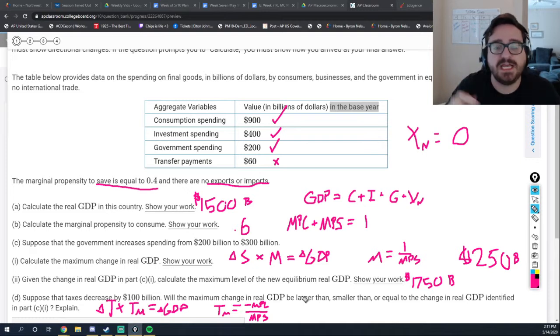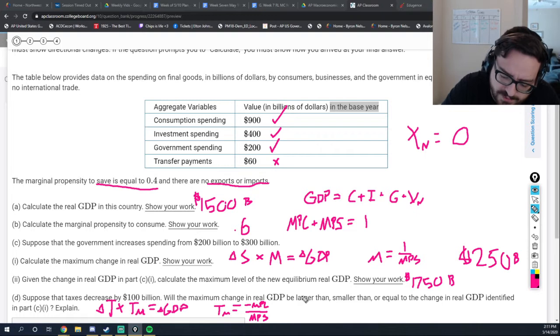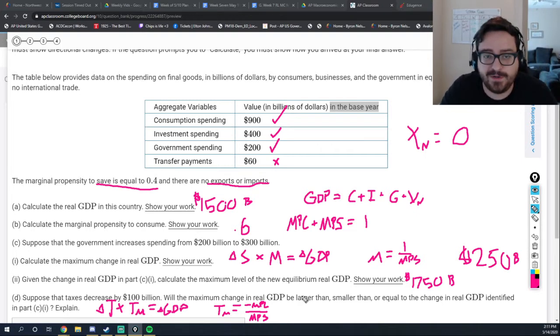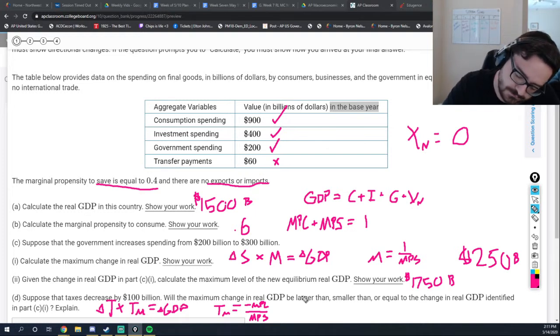There it is. Negative MPC over MPS, which again in this case is negative 0.6 over 0.4. You might hate that, but you can just get rid of the decimal. Negative 0.6 over 0.4 is the same as doing negative 6 over 4. And that's just 1.5. In this case, it's negative 1.5.